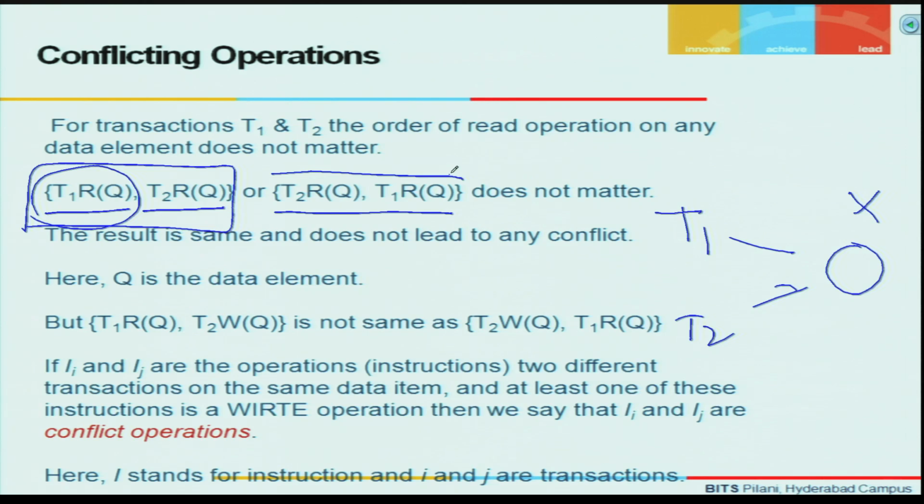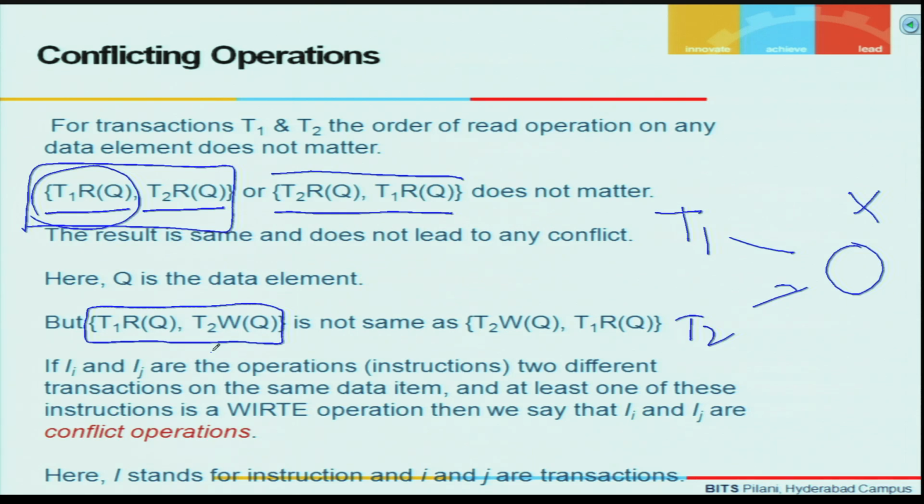Here Q is the data item, but when you take a pair of operations on the same data item and these operations belong to two different transactions, and if at least one of them is a write operation, then it creates a problem. They are called a conflicting pair of operations.